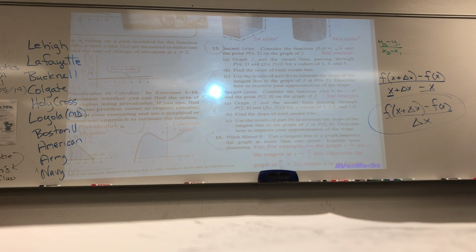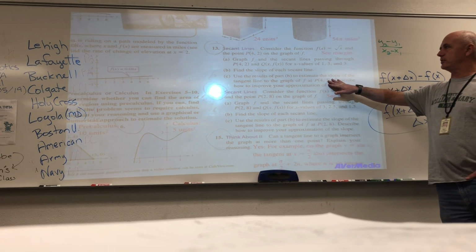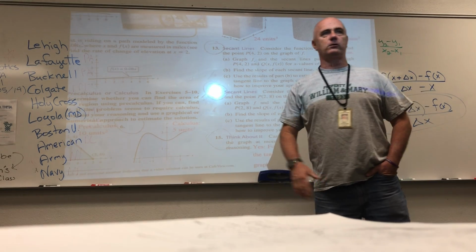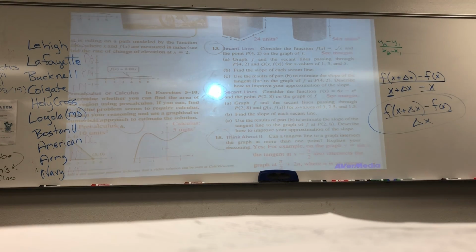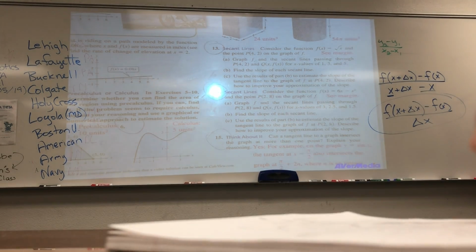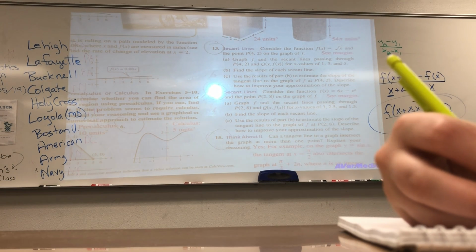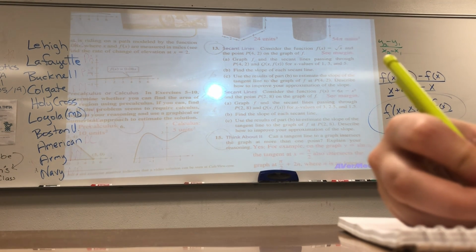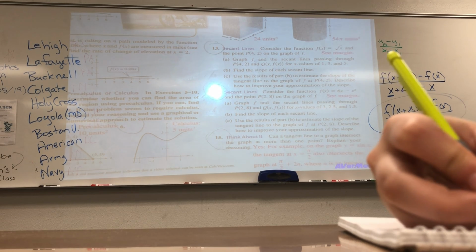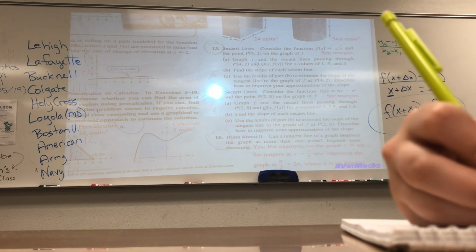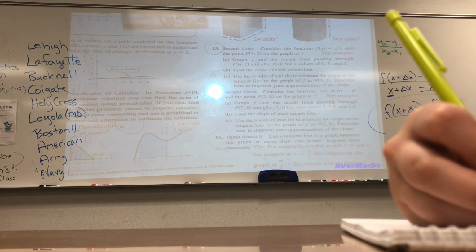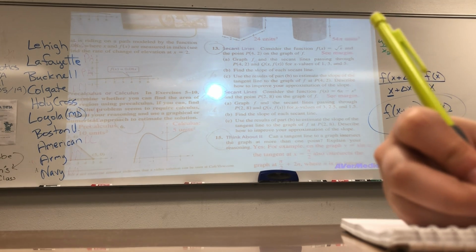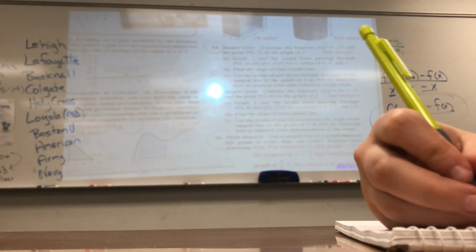So you're just graphing there, finding the slope for each secant line, and then we want to use that to estimate the slope of the tangent line in the graph at that point. You're basically going to draw the graph, draw 3 secant lines, find the slope of all of them, and then try to guess what you think the slope will be at that specific point.